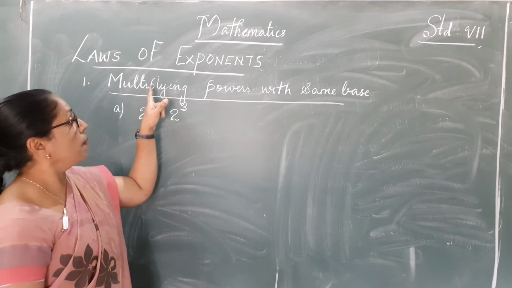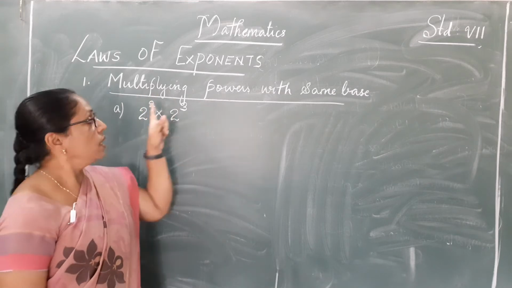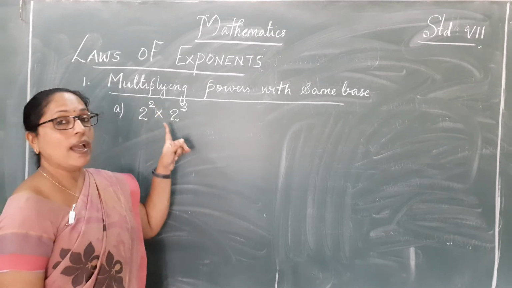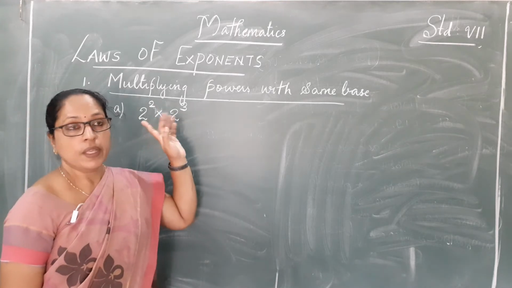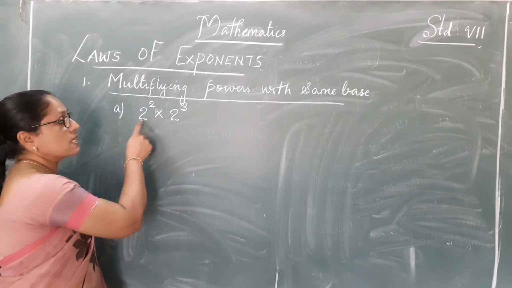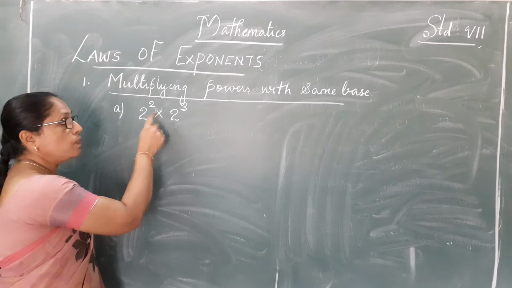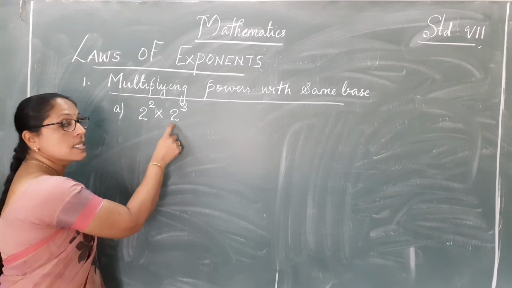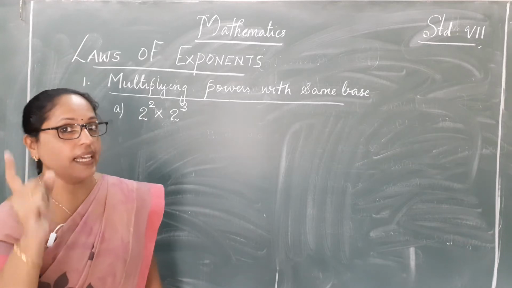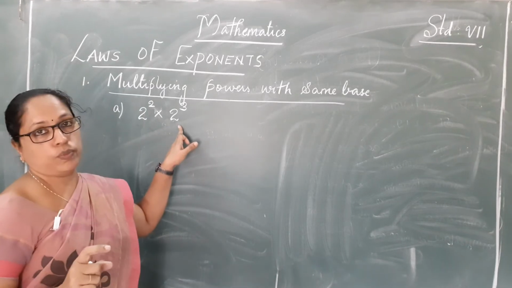That's why it is written multiplying powers. So these two, 2 raised to 2 and 2 raised to 3, are known as powers. Multiplying the powers with the same base. See the base. In both powers you can see the base. What is the base here? Yes, the base is 2.